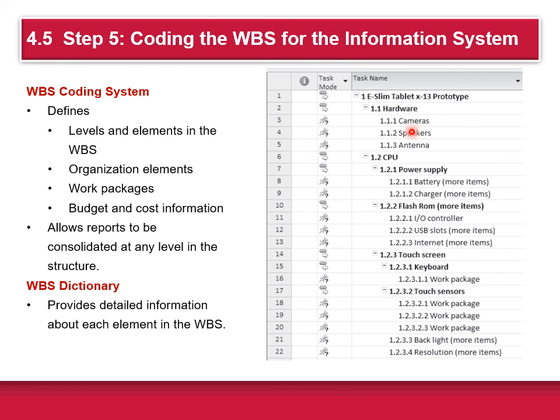For example, for the hardware, 1.1.1 is the cameras, etc. This is the way it's coded up inside a software package. It's also the way work packages are put on the work package, and it also helps to control the budget and cost information associated with each work package. It provides very detailed information.